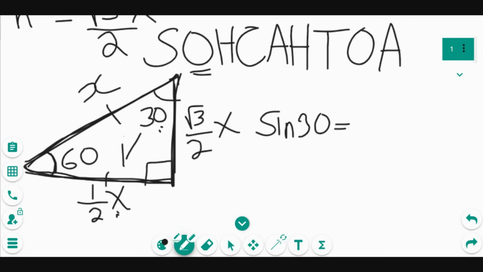This is the opposite. The angle is facing there. This is a half x over the hypotenuse, which is just x. Half x over x, x and x, they go wherever they go. So you remain with a half.